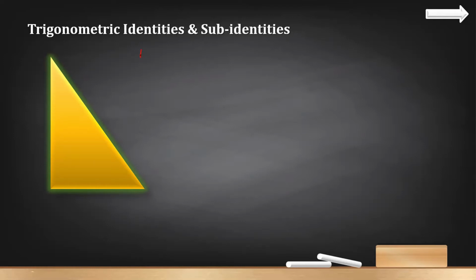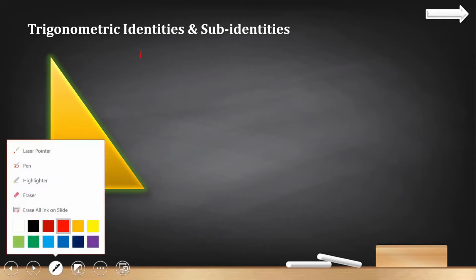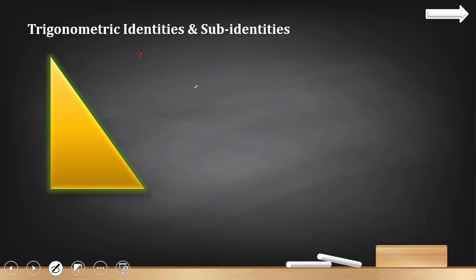So the number one identity that we have today is sine square theta plus cos square theta is always equal to 1. Whenever in a question you come across this particular expression, sine square theta plus cos square theta, simply put it as 1. It is always equal to 1.